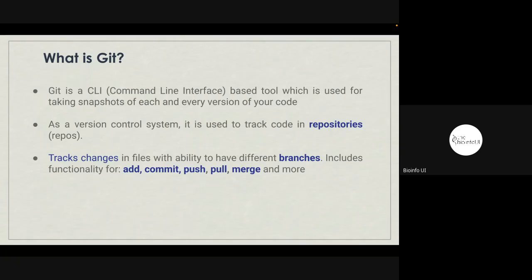It also helps us track changes in files with the ability to have different branches. So when we talk about branches in GitHub, let's say I open a directory to work on a particular project, keep different files there and make changes to them.